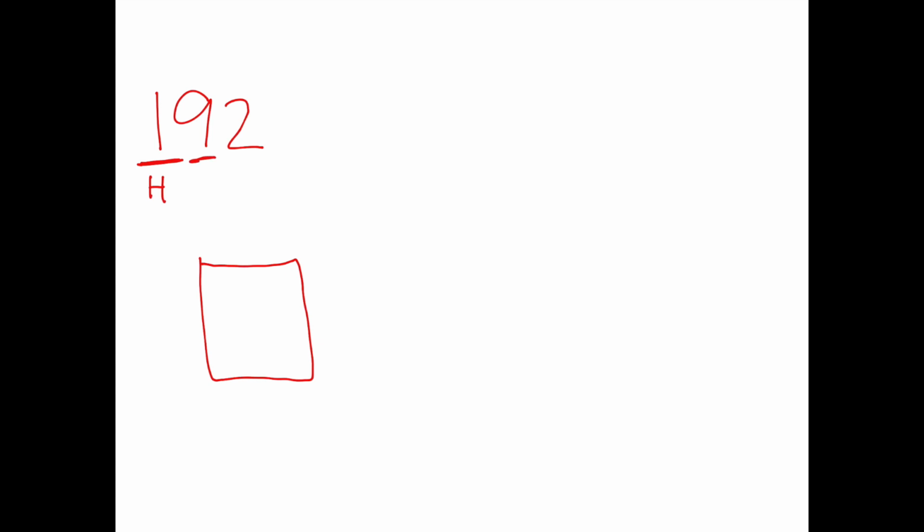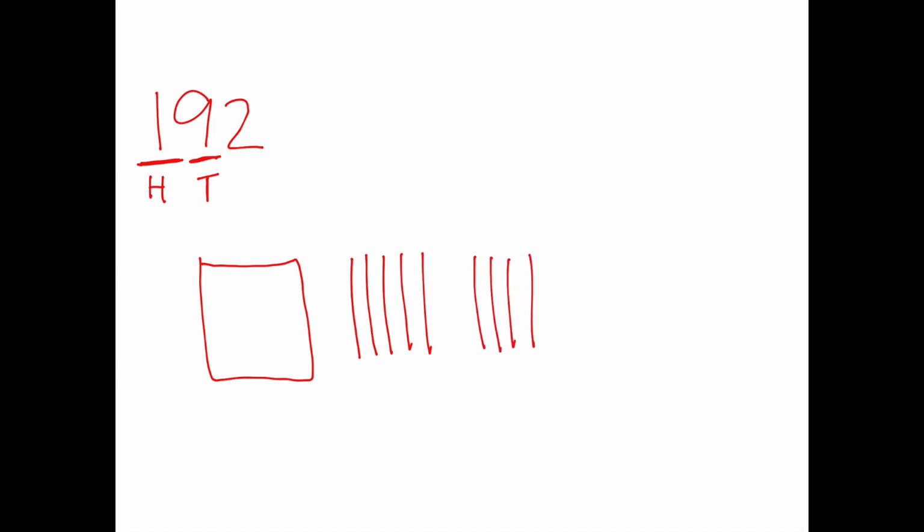How many tens do I have? I have 9, so I'll need 9 10 sticks. And then, of course, I have how many ones? 2 ones. So I'm going to add 2 circles.